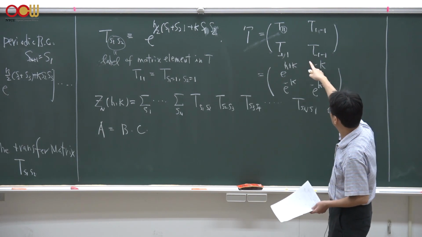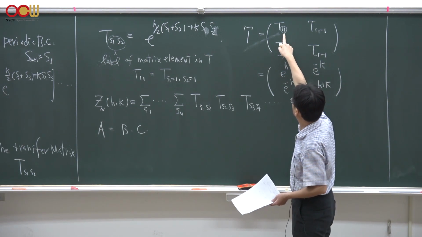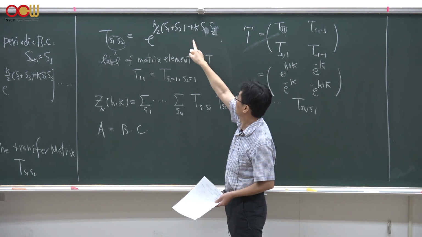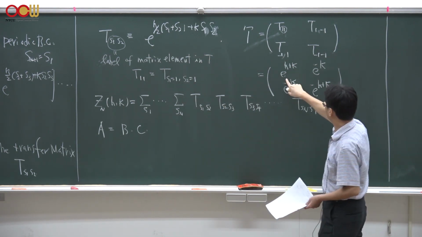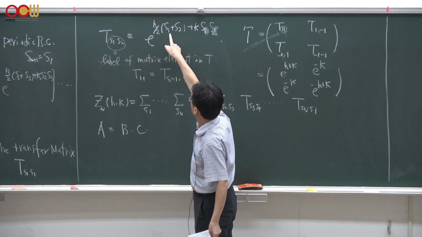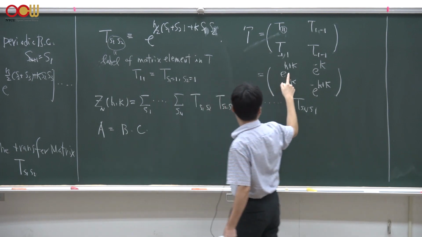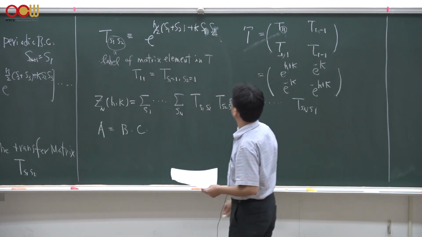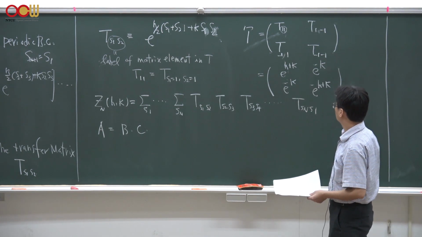Suppose we plug the plus 1, plus 1 matrix element back into that exponential Boltzmann weight, and we get e to the h plus k, because this one-half h times (1 plus 1) gives h, and S1 and S2 both being plus 1 gives plus k.